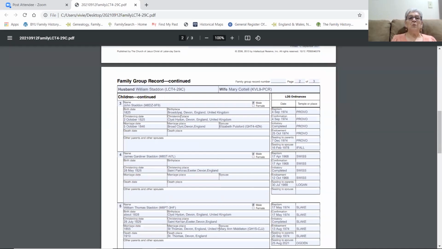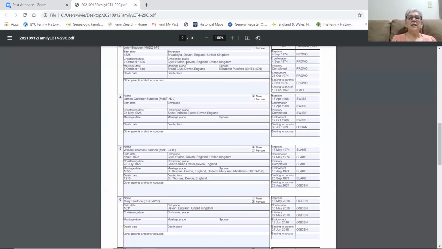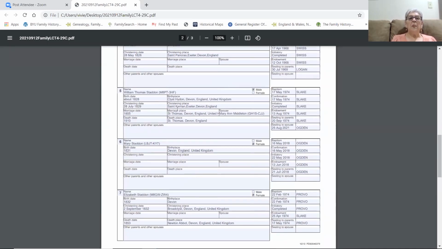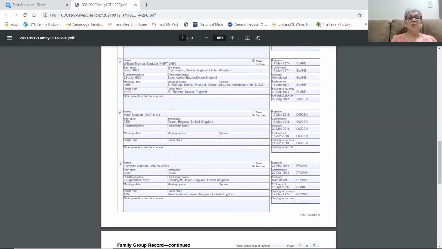This one looks good, Broadcliffe for John, although the christening place is a little different. There's another one I would question, St. Pancras, Exeter again. William Thomas is another one I would kind of question. I think it's fairly close, but it could be him.